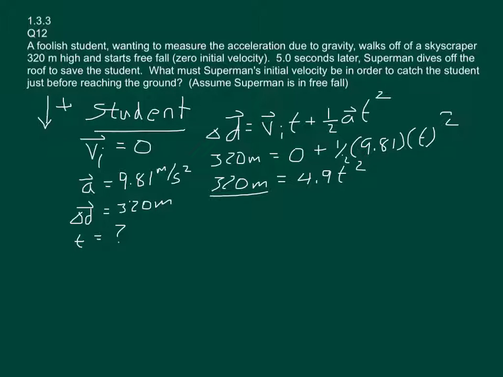Divide both sides by 4.9, and we get T squared over here. 320 divided by 4.9 is 65.31 seconds squared.